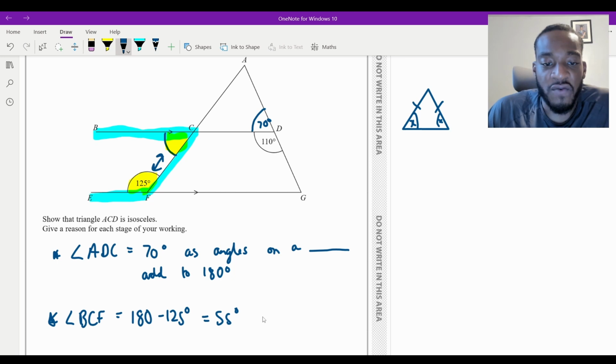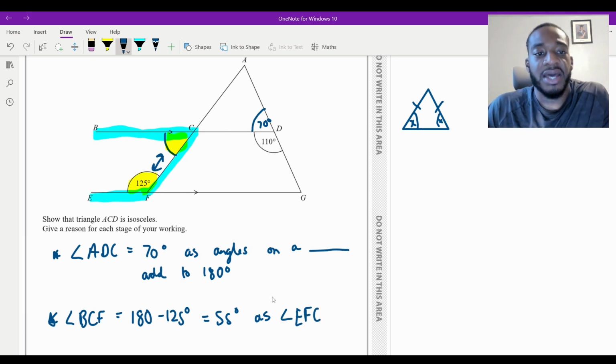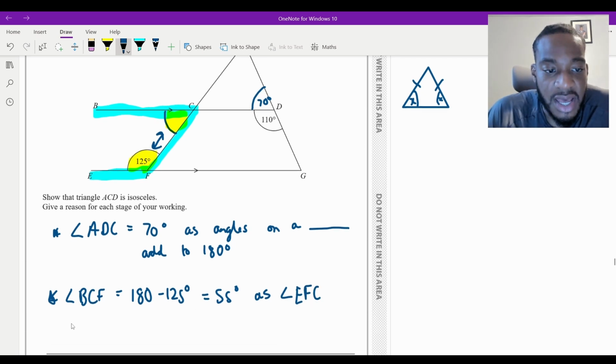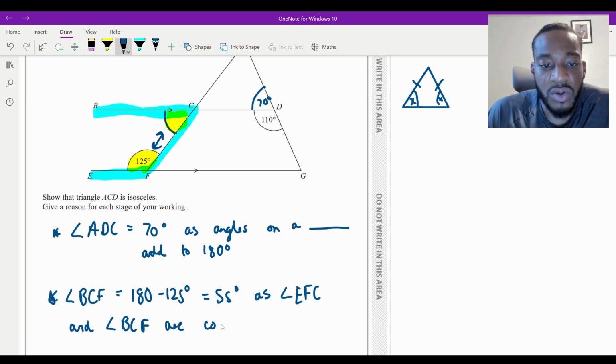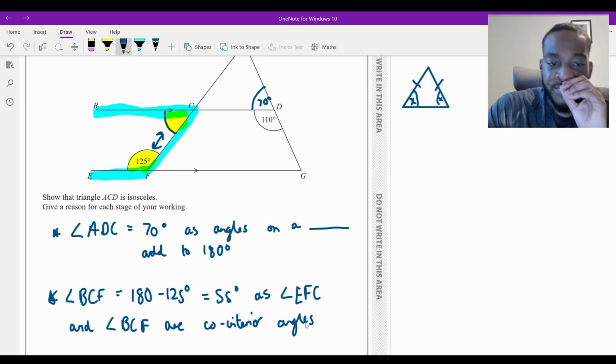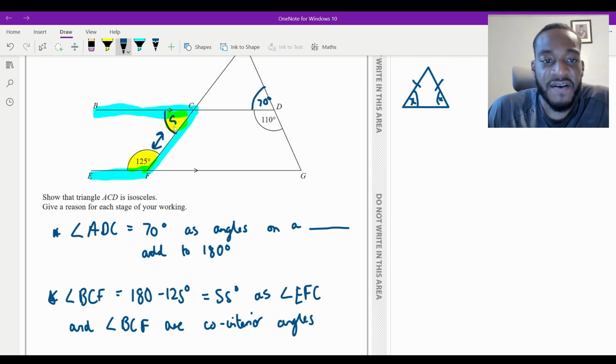And then your reason is going to be: this angle here, angle EFC, the 125 degrees, and the angle that we've just found, angle BCF, are co-interior angles. Co-interior angles. Perfect. So we've got that. And obviously, let me label this to be 55. So that's 55 degrees. Okay.